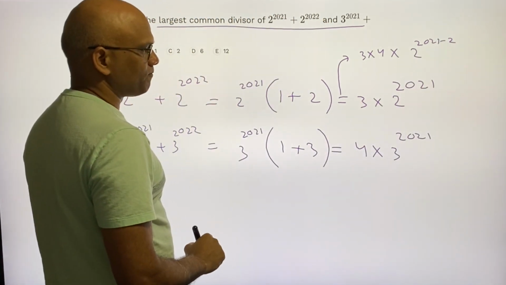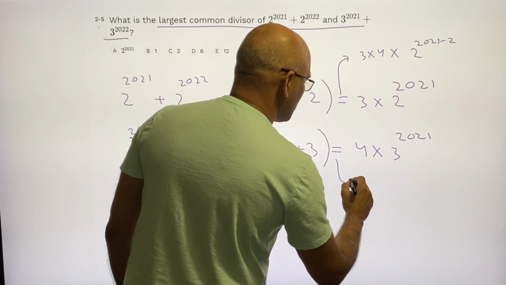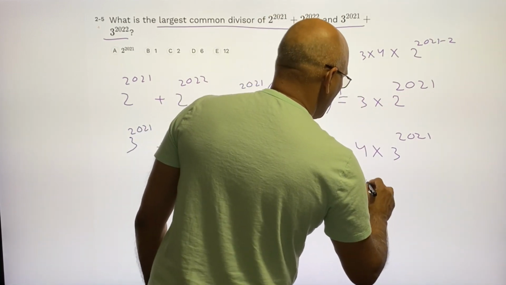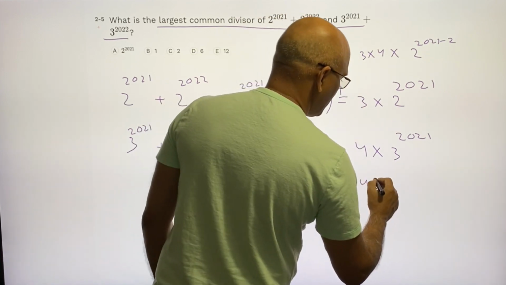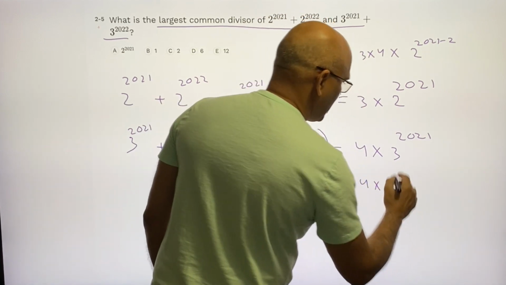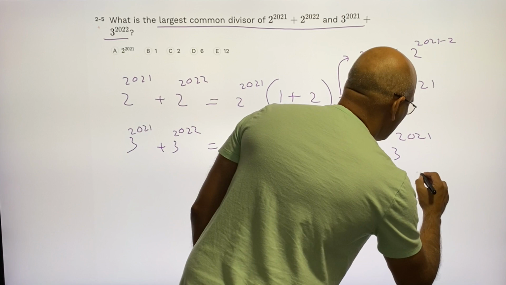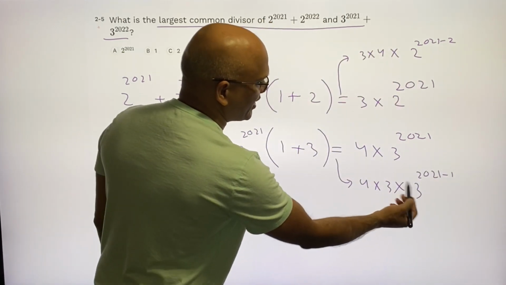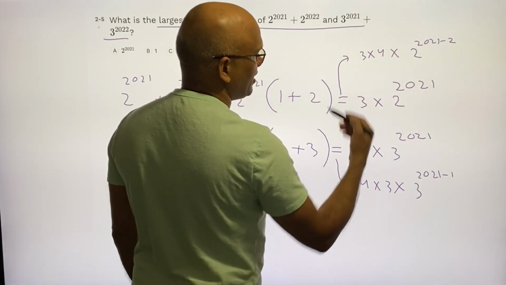Similarly, I want to write this as 4. I want a 3 out, so then 2021 minus 1. I took one 3 out of here, so this is minus 1.